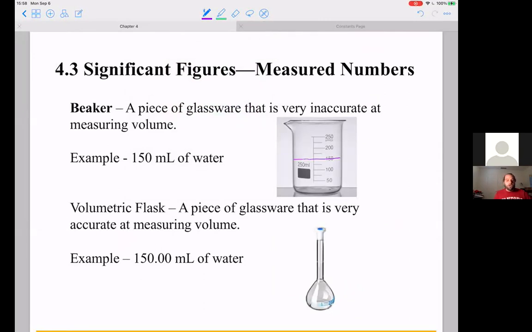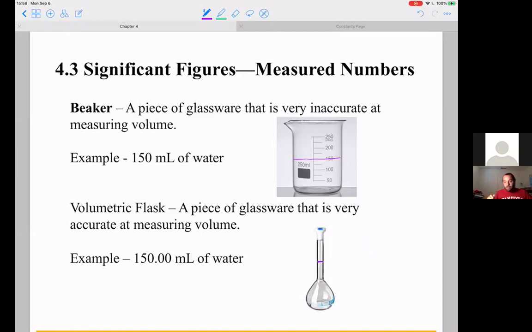Okay. Now, what if I used a volumetric flask? A volumetric flask is this guy here. It's a very accurate piece of glassware for measuring volume, right? There's a little notch on this long end of this tube here, and you fill it all the way up.